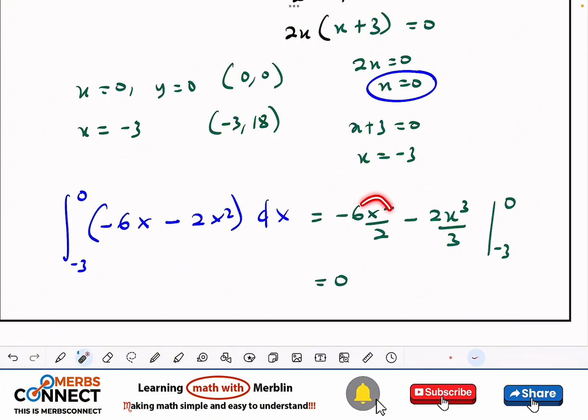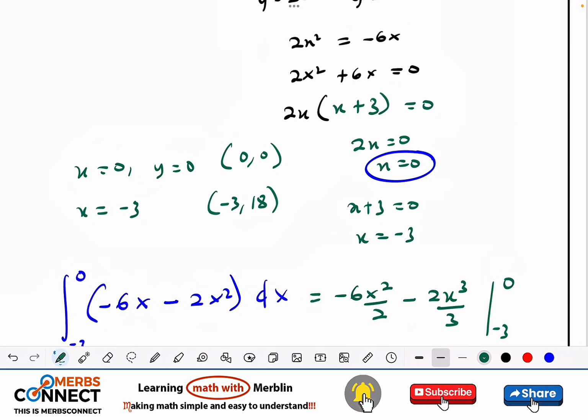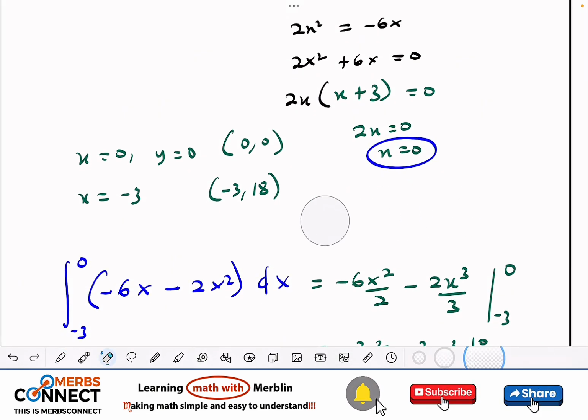So 0 here will be 0 minus, now let's even simplify. Here we're going to have minus 3x squared minus 2 over 3 x to the power 3, from minus 3 to 0. So let me just clean up the solution and then we are done.